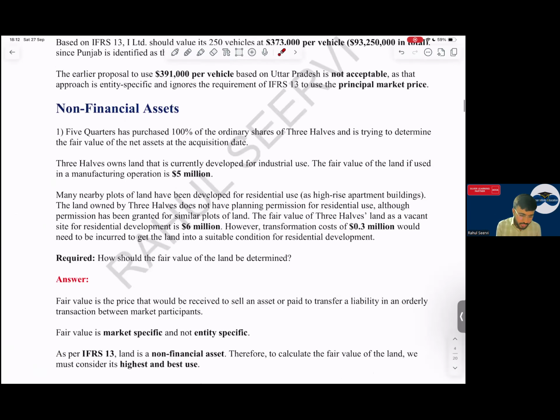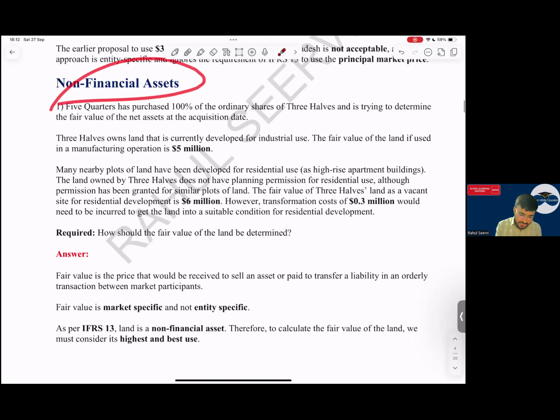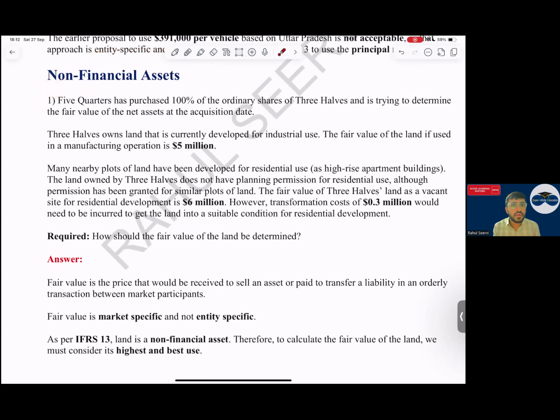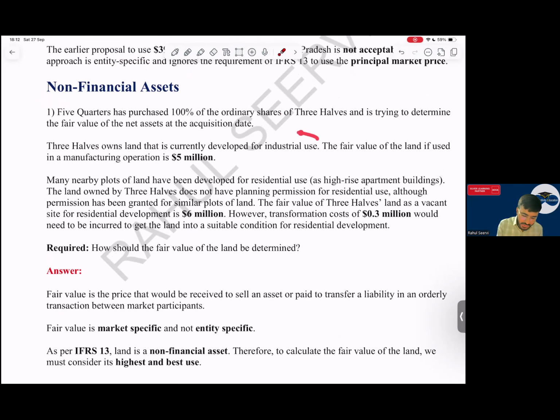Then for non-financial asset, this question also we have seen. In this question for non-financial asset, what did I mention? When we consider, it should be physically possible, legally permissible, and financially feasible. So here there is a property which is used for industrial use, but nearby the location residential use is also there.